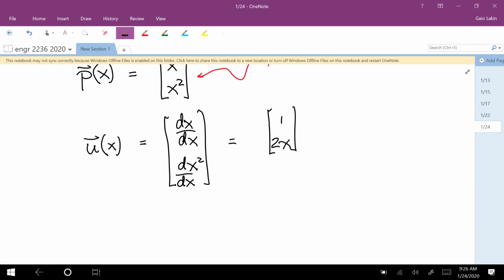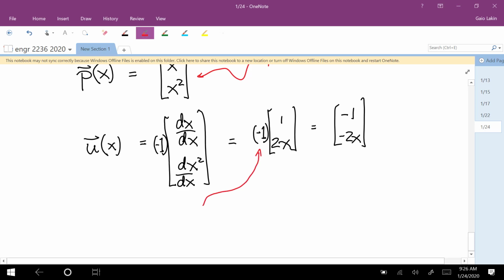So we have to multiply this by -1, to deal with the fact that our particle is actually moving in the direction of decreasing x.